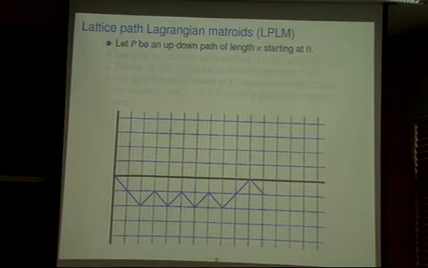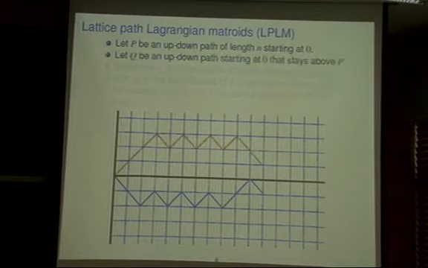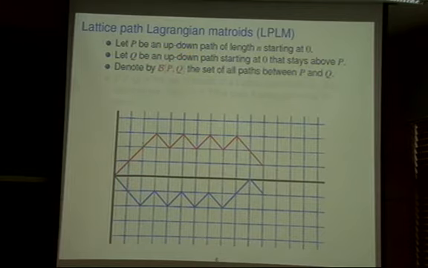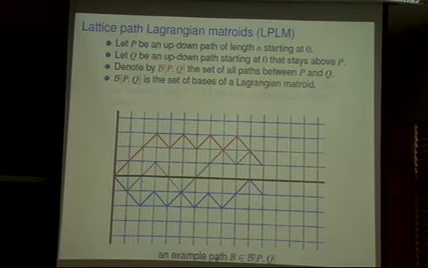Okay. And then pick another such path that has to lie above. It can lie above in a weak sense. Call it Q. And now what we're going to do is look at all of the paths that fit inside here. Same kind of paths, up-down paths, so they'll never, ever possibly go through the point 1, 0, right? So we'll label that collection BPQ. Here's an example of one such path.